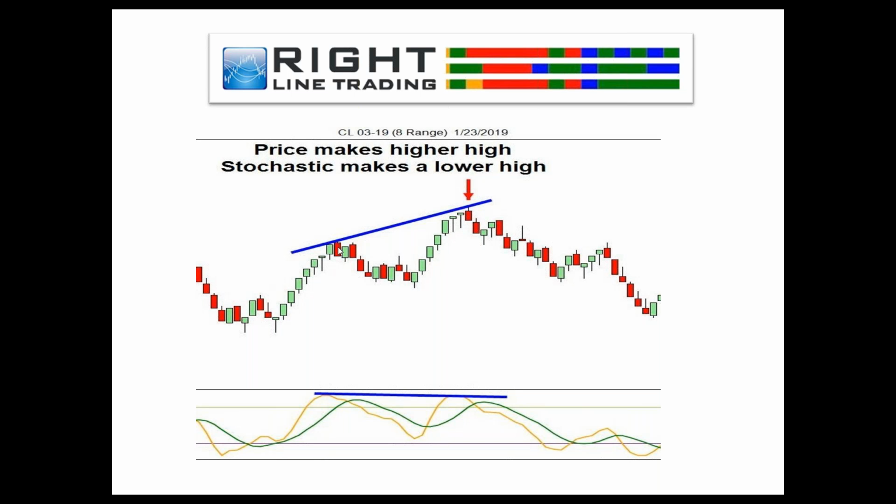If the acceleration to this high and the acceleration to that high are the same, that is also the harbinger of a price collapse. So price making an equal high on lower momentum or a higher high on equal momentum are both divergent signals, and both are going to foreshadow a collapse in price.